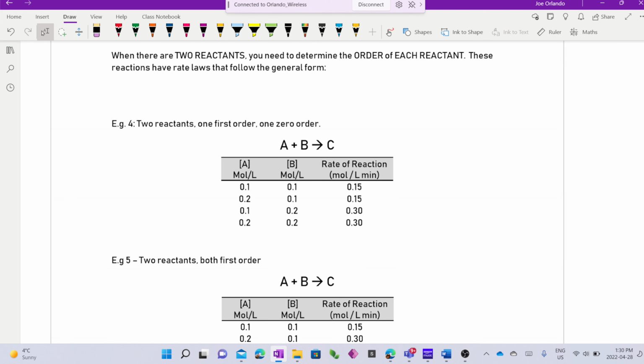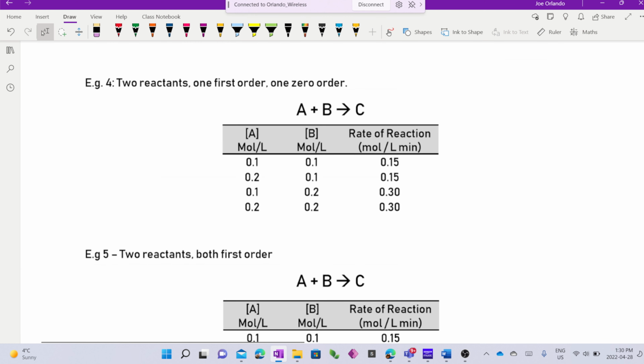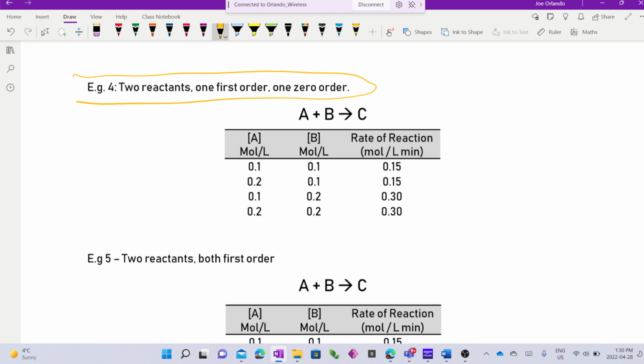Let's look at this, and I've put a spoiler in the example title, which I debated with myself about, but whatever. Spoiler alert. Let's look at 2 reactants where one is going to be, and the second one is going to be. Let's see if we can figure out which is which. So here, this is the experiment we do to figure out our relationship. I'm going to make a note about this.